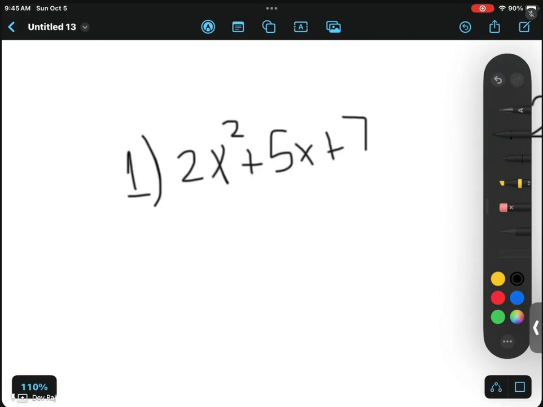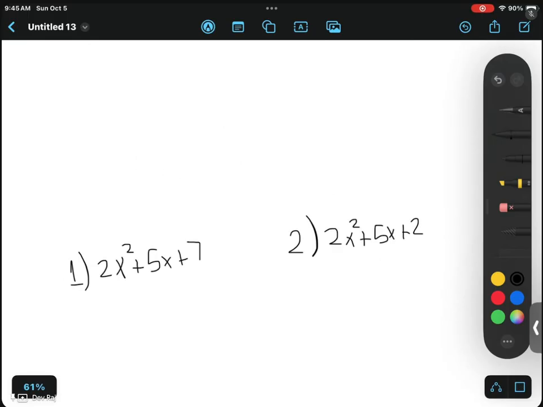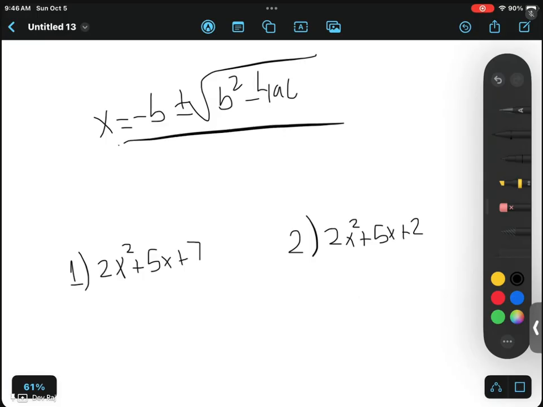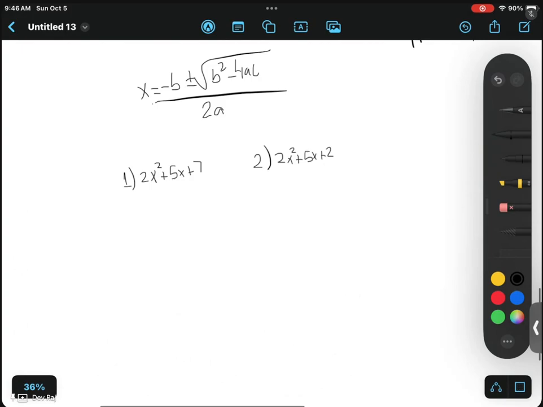Okay, and then here is your formula, which is the x-intercepts are equal to negative b plus minus the square root of b squared minus 4ac, over 2a.